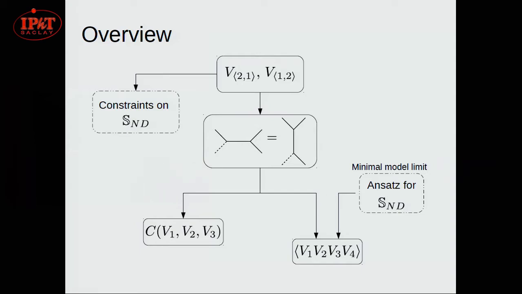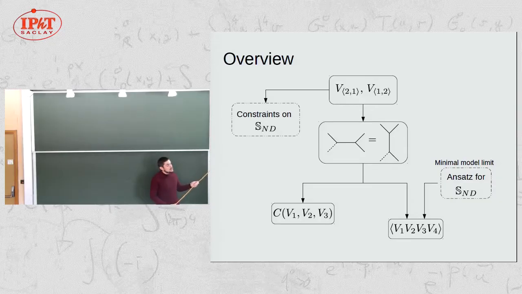So let me give you an overview of what I'm going to do next. First, I will see which constraints on the form of the non-diagonal spectrum we can find or are imposed by the assumption that we can indeed take the OPEs with the degenerate fields. Then I will move on to writing explicitly the degenerate crossing symmetry constraints and finding equations for the structure constants. And from this point on, we will take two paths.